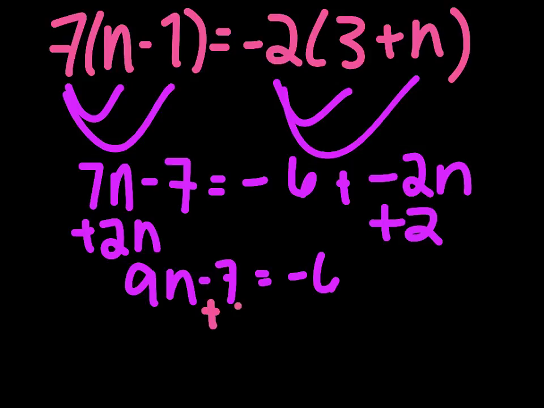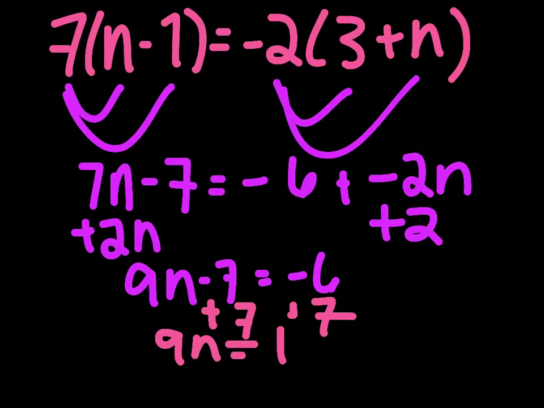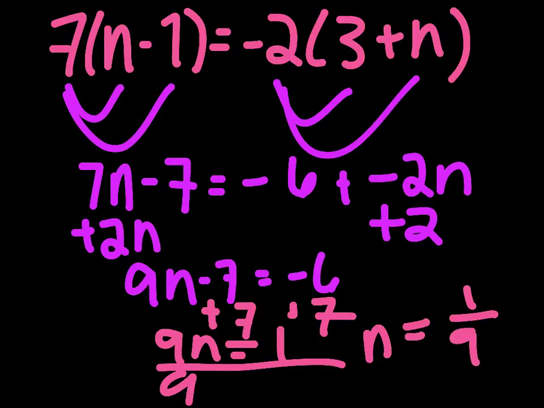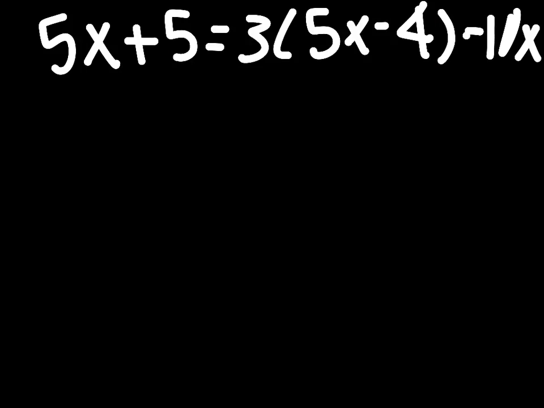We add 7, 9n equals 1. And then divide by 9, n equals 1 over 9.